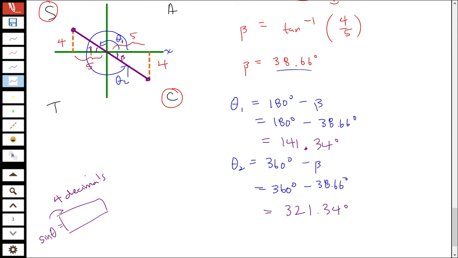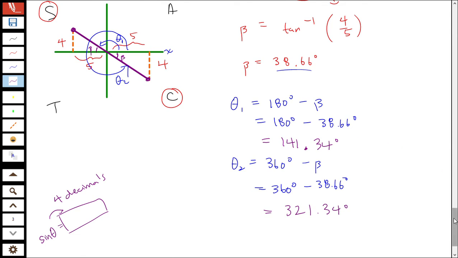Usually, if you have to round, then 4 decimals is good. So this is what I want you to avoid rounding. But when you're rounding the degrees, you can round it to the nearest 10th or the 100th. It's only when we talk about the ratios that I want you to round to 4 decimal places so that you have the most exact value, or the most accurate value, as possible.